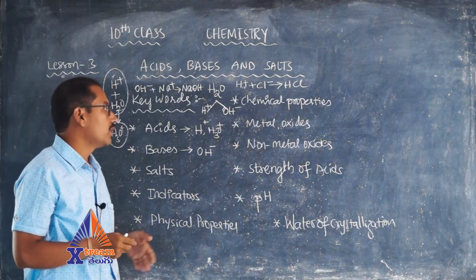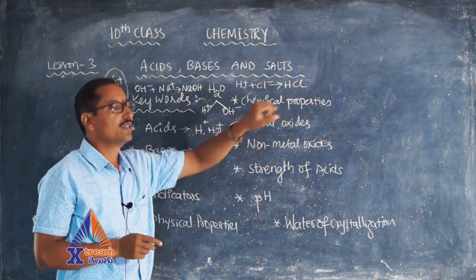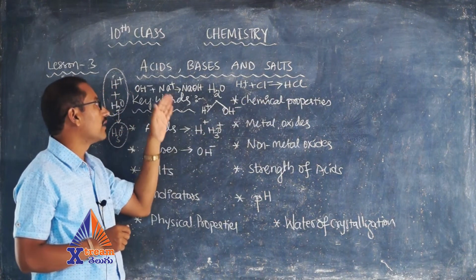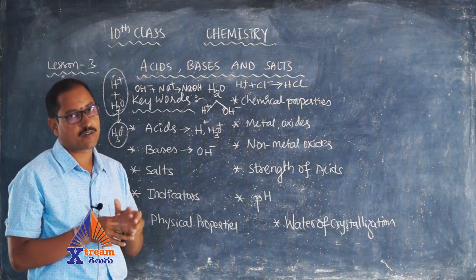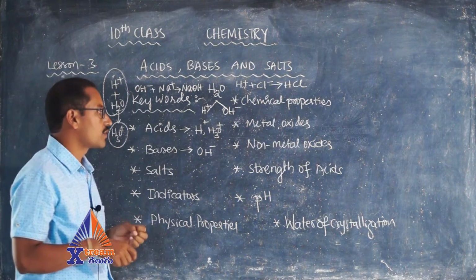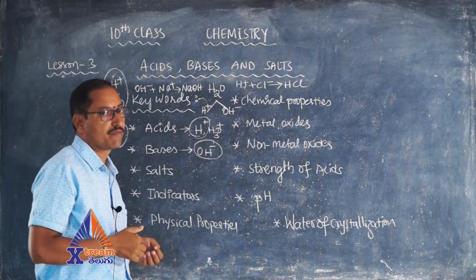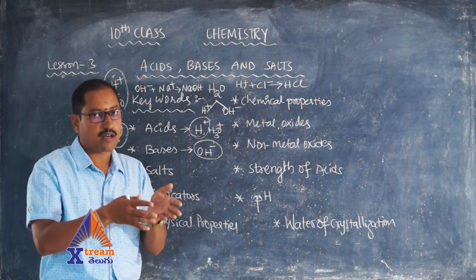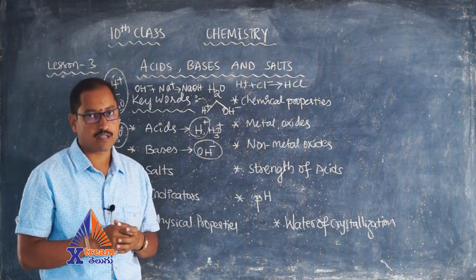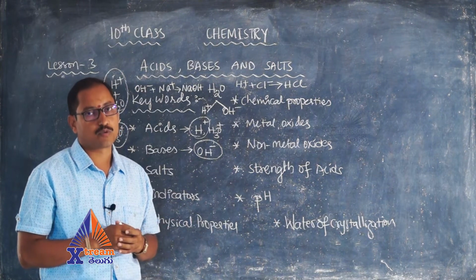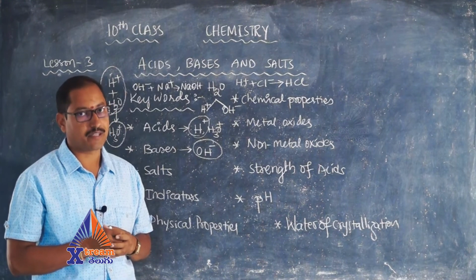So H+ and non-metal will give you acid, and OH- and metal ions combination will give you bases. So these are very important definitions for acids and bases. Acids are those solutions which have H+ ion concentration in them. Bases are those solutions which have OH- ion concentration in them.